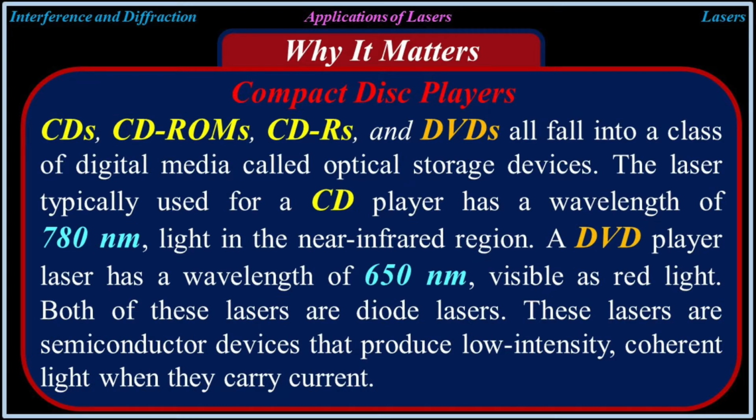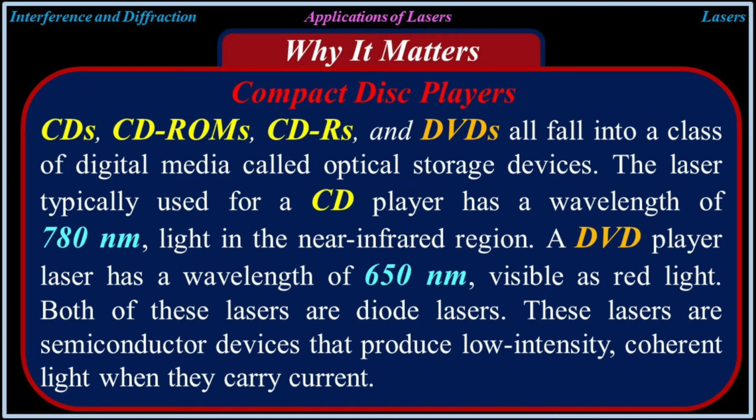CDs, CD-ROMs, CD-Rs, and DVDs all fall into a class of digital media called optical storage devices. The laser typically used for a CD player has a wavelength of 780 nanometers, light in the near infrared region.